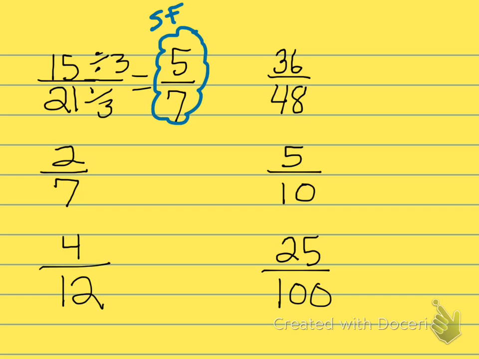Okay, so I want you to solve the rest of these on your own. Try to use the greatest common factor. In other words, when you look at 36/48, I know you could divide them both by 2, but you won't be finished there, and you'll have to keep going.